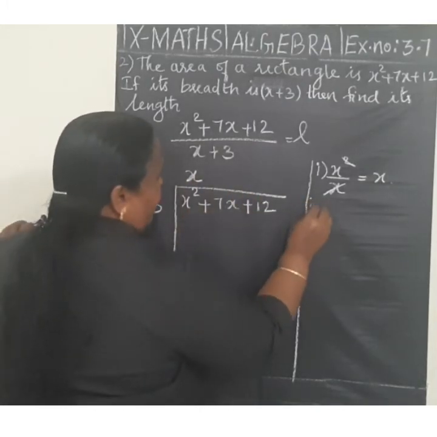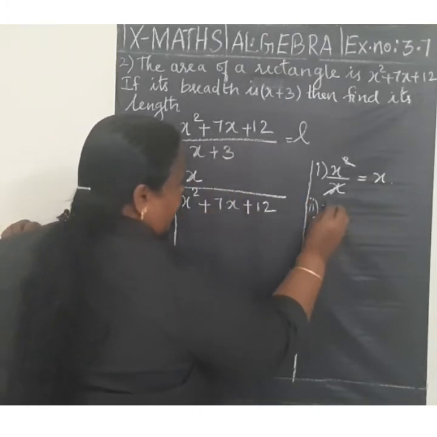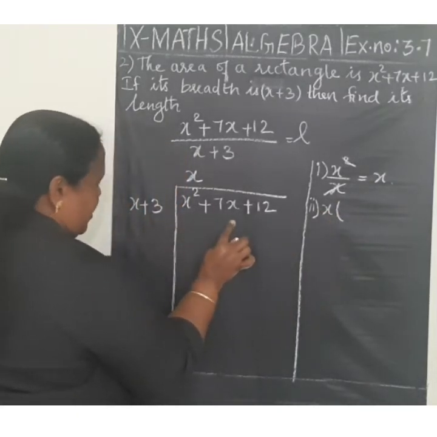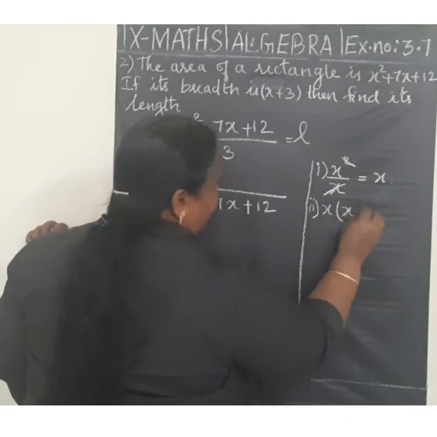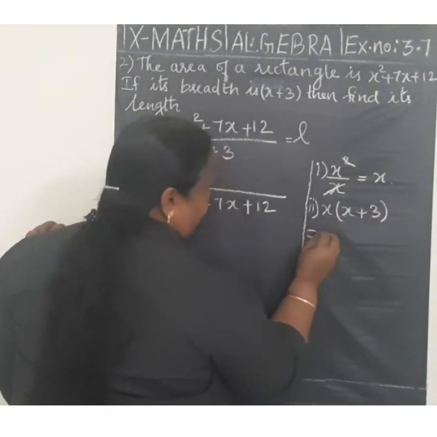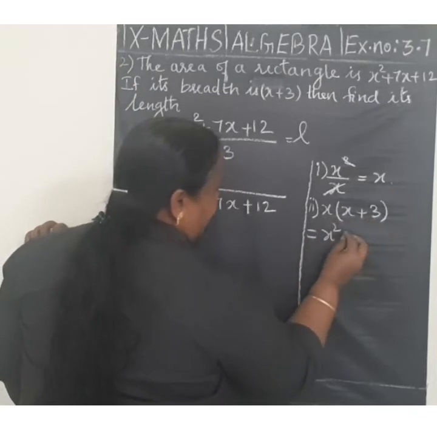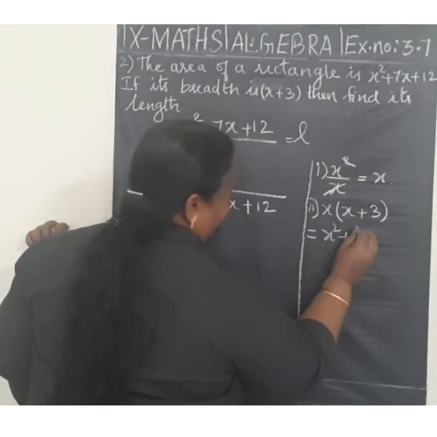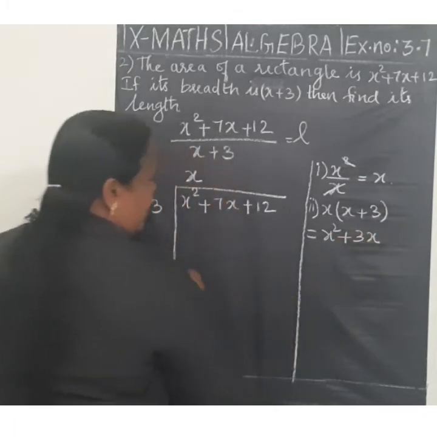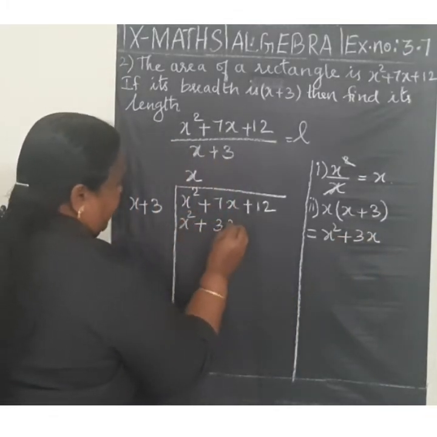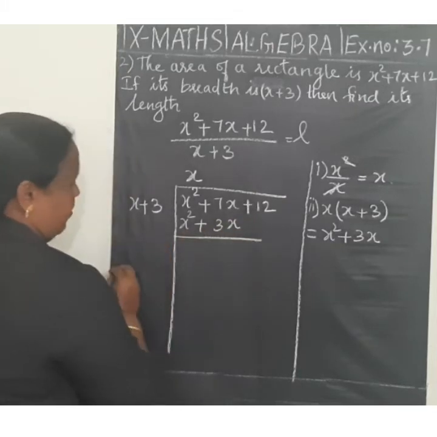Then second step: we take this x and multiply it with x plus 3. x into x is x square, x into 3 is 3x. So x square plus 3x. Next we have to subtract it.